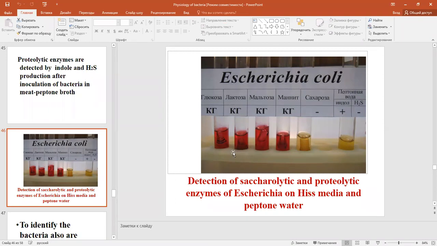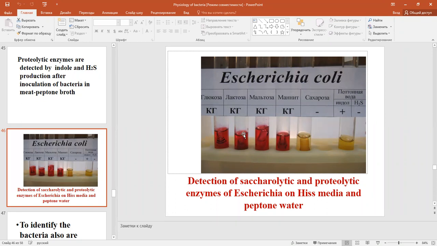On McConkey medium, it is possible to differentiate lactose positive bacteria from lactose negative due to lactose fermentation. Escherichia bacteria are able to ferment lactose, and due to lactose fermentation, pH will change, and the indicator that was colorless before inoculation because of alkaline pH will develop color, and the colonies of lactose positive bacteria, Escherichia, will get the color of the indicator.